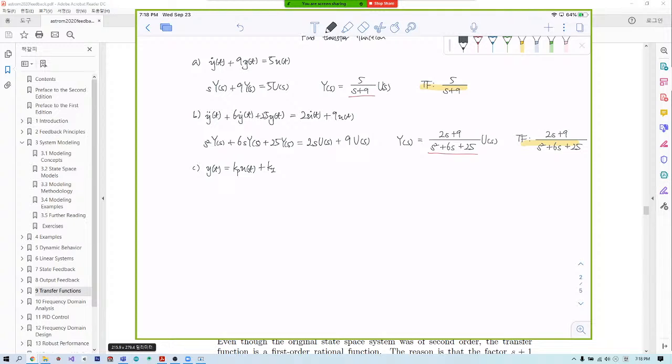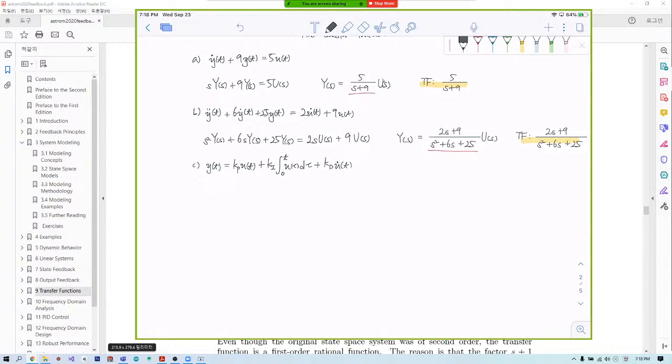And lastly, what's going to be the last one? It's sort of obvious that the only remaining thing must be the derivative, and it can also be easily seen that this Kd, the derivative coefficient, must be multiplied to the time derivative of u.